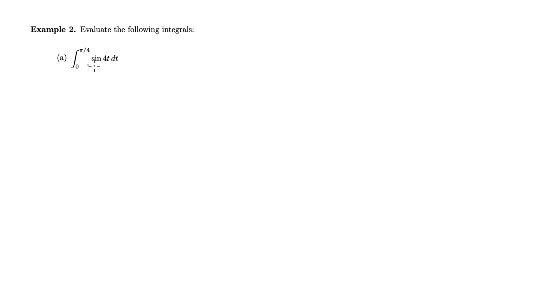So here, this is another example of just a constant multiple to the argument. So I just let u equal 4t, and then du will be 4 times dt. Or in other words, I can just replace dt, if I divide by 4, by 1/4 du.